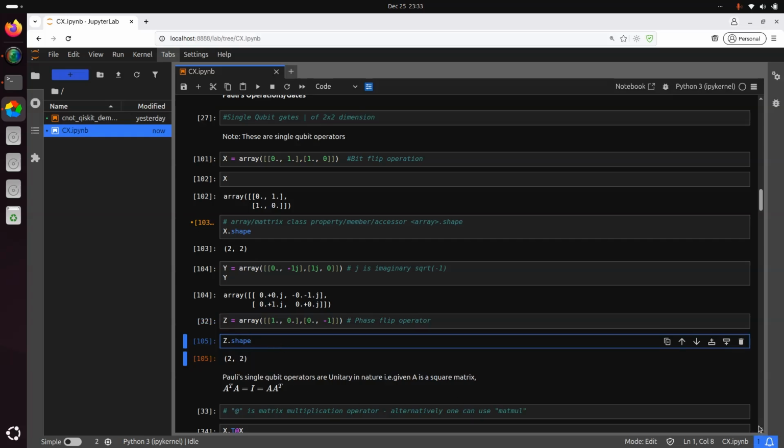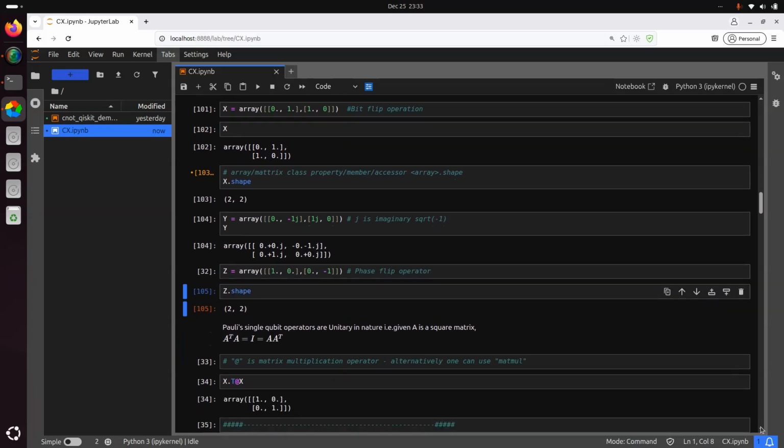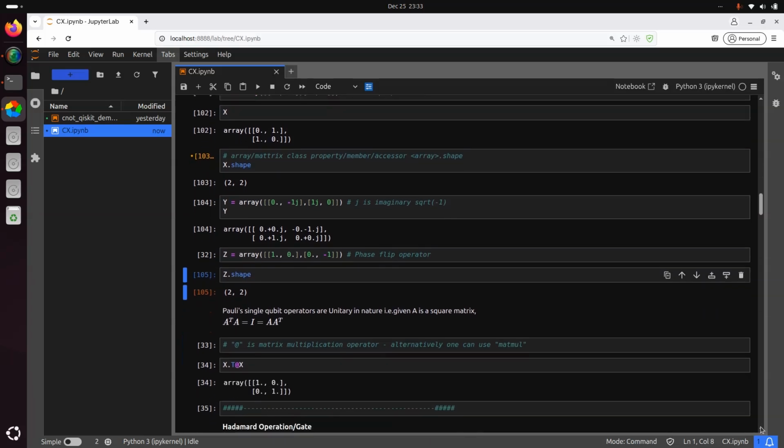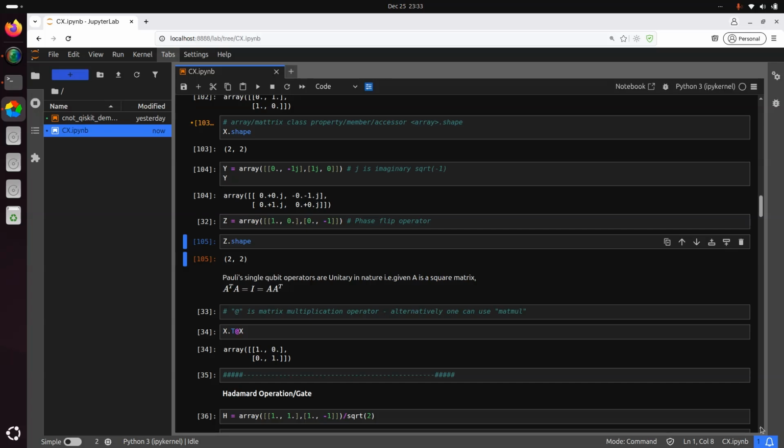Now let's look into some of the important features or attributes, the properties of the Pauli gates. It's a unitary gate in nature, and this is the very definition of a unitary operator. Here, instead of matmul, I use the at sign. We can use the at sign to define matrix multiplication.